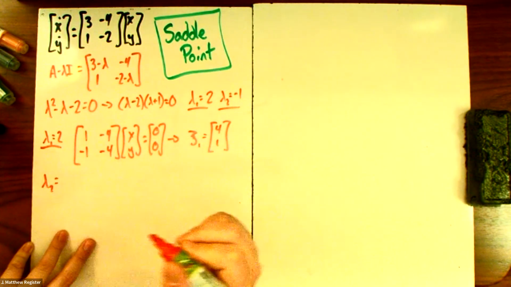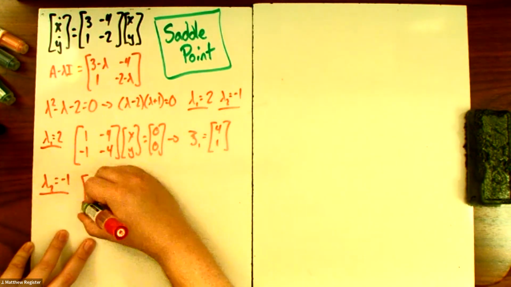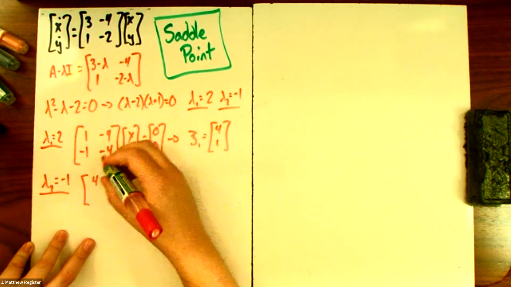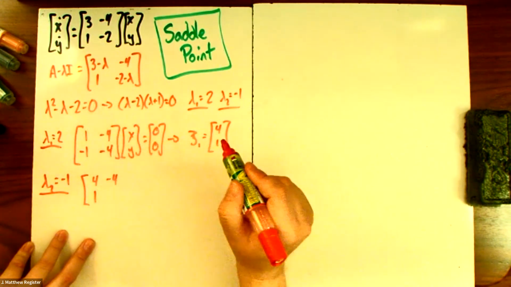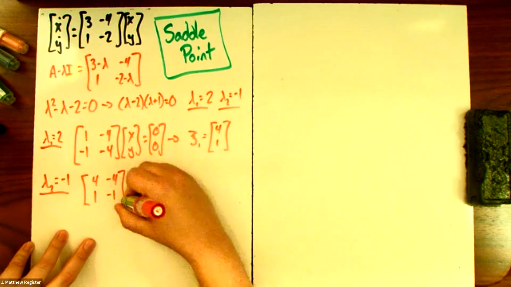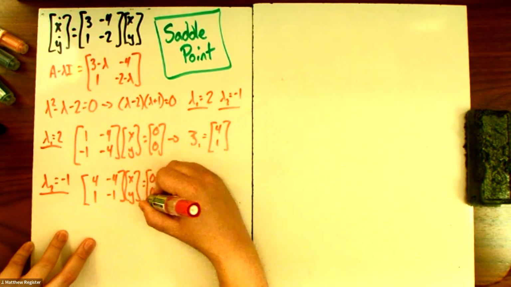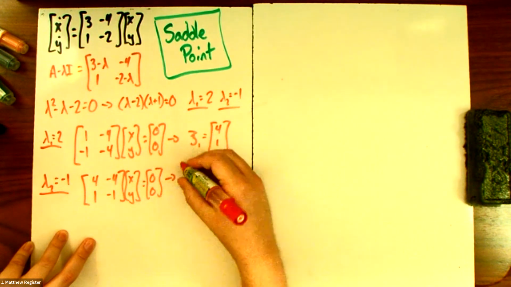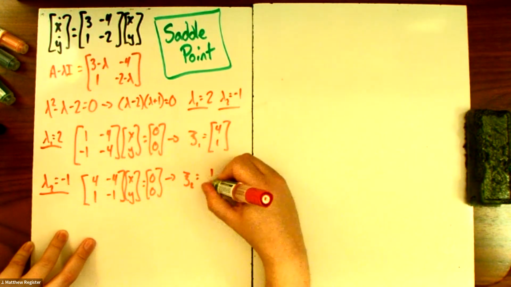For eigenvalue 2, which we're saying is equal to -1, we are going to have 3 minus -1 is 4, -4, 1, then -2 minus -1 gives a -1. And so for this one, we can draw a better C. And that's going to be a 1, 1.